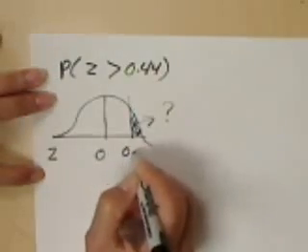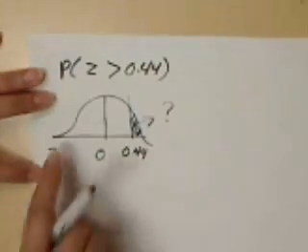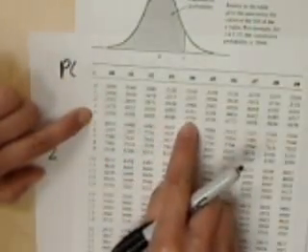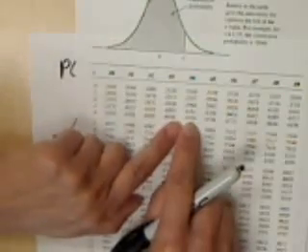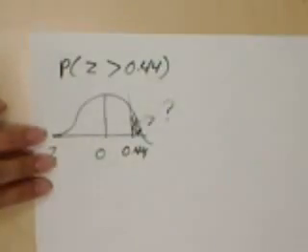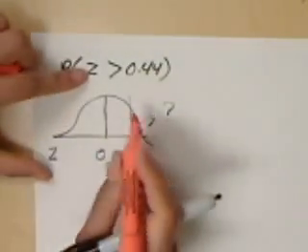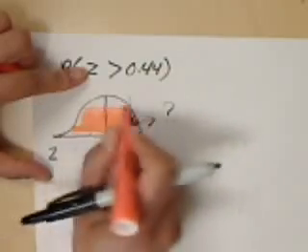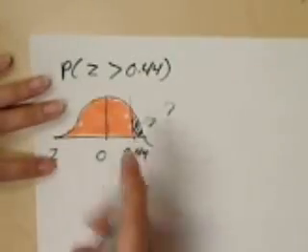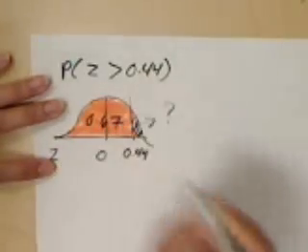But here is 0.44. But this table gives us, oops, I'm using the negative side. I should be using the positive z-value side. So I look up 0.44 on the z-axis, and I find 0.67 as the area. So I know all of this area to the left of z that I looked up is 0.67.